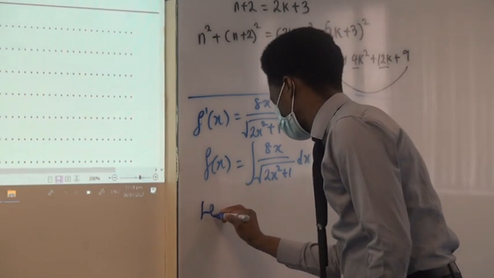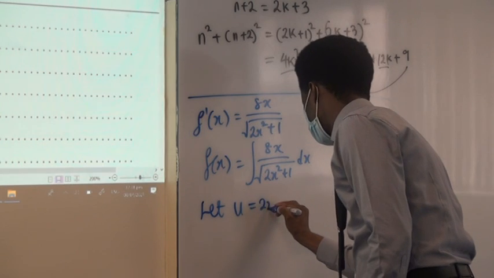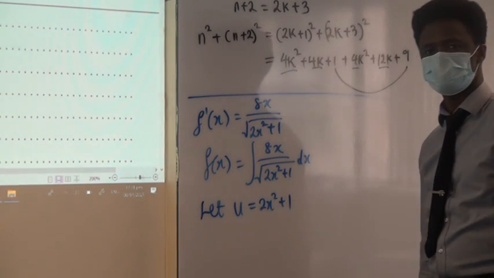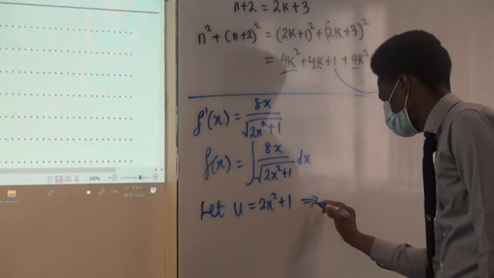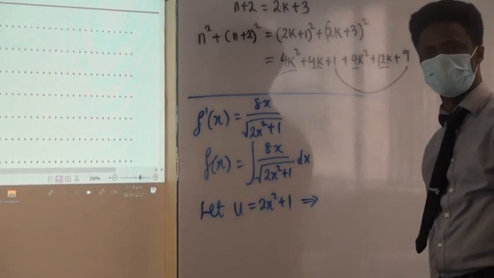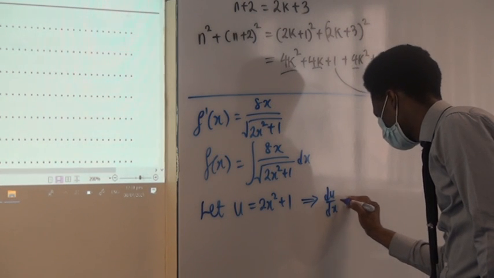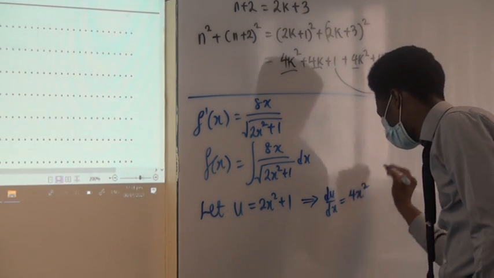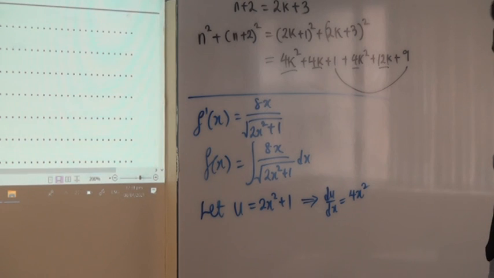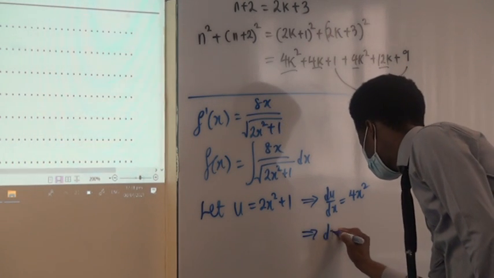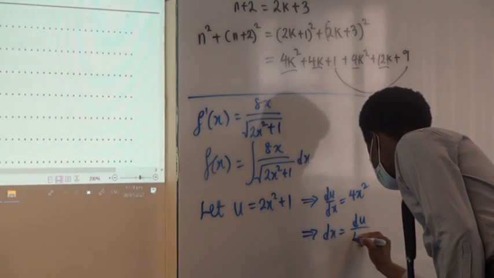So you start by saying let u be 2x squared plus 1. This implies, and this is the only time you write on the same line, that du by dx is equal to 4x, which implies that dx is actually du divided by 4x.